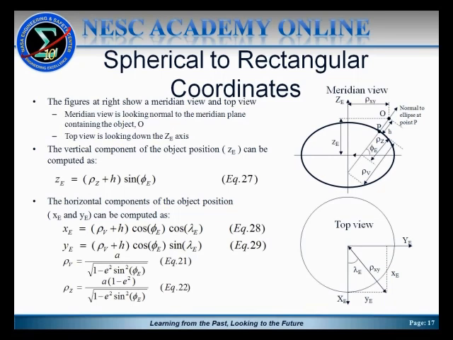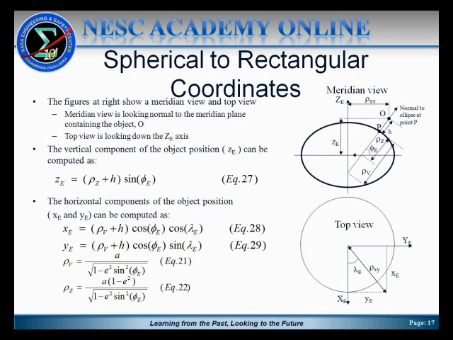The horizontal components of the object, what's depicted as XE and YE in the lower right figure, can be computed as shown in equations 28 and 29: phi V plus H times the cosine of phi E, each of those times either the cosine of lambda E or the sine of lambda E, where lambda E is the geodetic longitude.